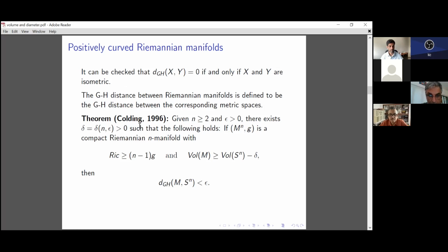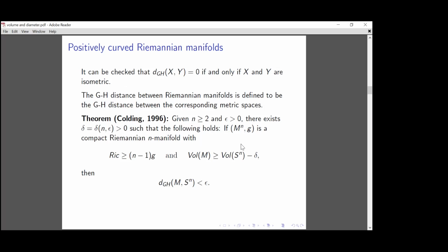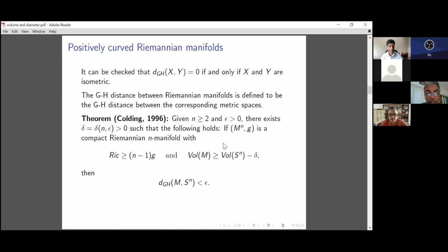Then Colding in 1996 proved this important result: given epsilon greater than 0, there exists delta which depends on epsilon, such that if M is a compact Riemannian manifold with the same Ricci curvature bound as earlier, and the volume is close to that of the sphere, then the geometry of M is indeed close to that of the sphere.